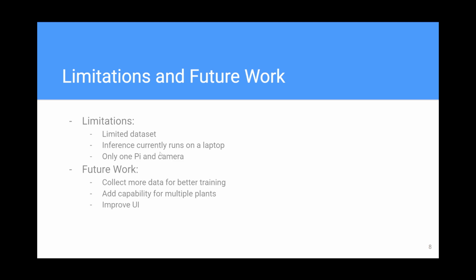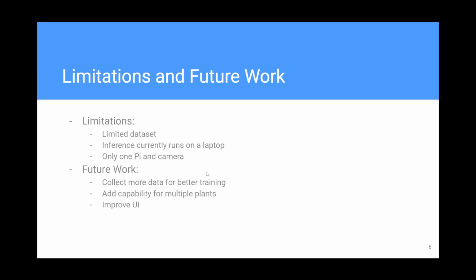The reason it runs on the laptop is because I couldn't get PyTorch working on the Raspberry Pi. There were just a lot of issues getting that downloaded on the Pi. And another limitation is that obviously I don't have the money to spend on a bunch of Raspberry Pis and cameras, so there's only one Pi and one camera.